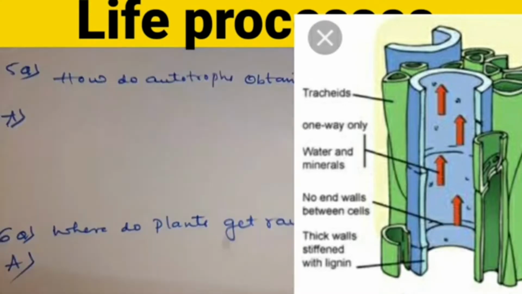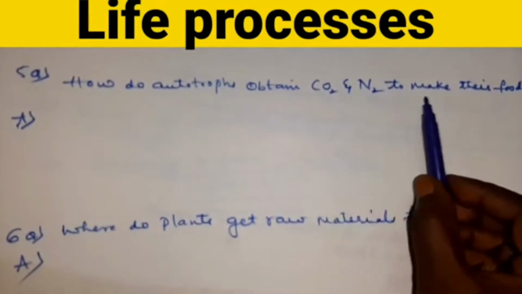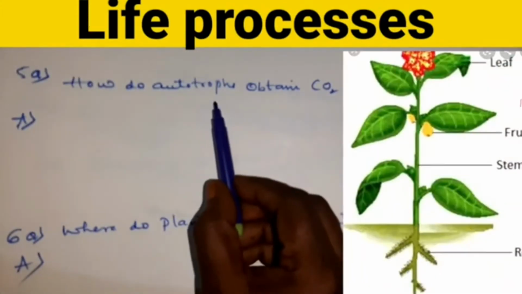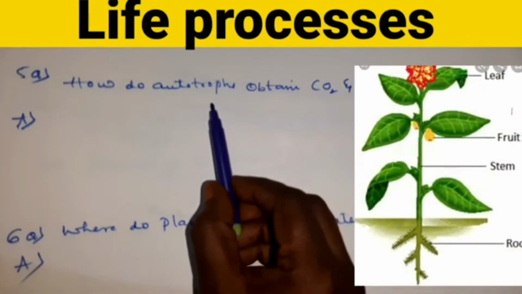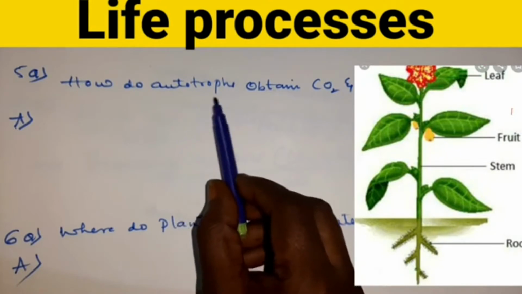The next question is, how do autotrophs obtain carbon dioxide and nitrogen to make their food? Autotrophs are nothing but the plants which prepare their own food.